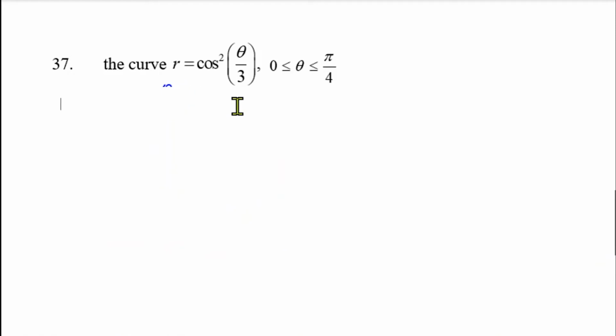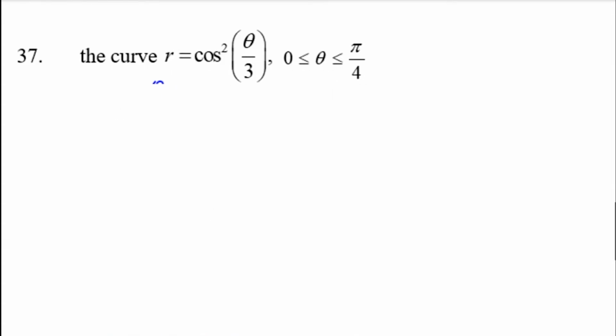Because in this case, we really don't need to know what it looks like. We just need a derivative, and this is another calculator thing. Let's just do that much. How much time do we have left? Yeah, I think we can pull it off. So we need dr d theta. That's the first thing we do. So this is 2 cosine, and then theta over 3.